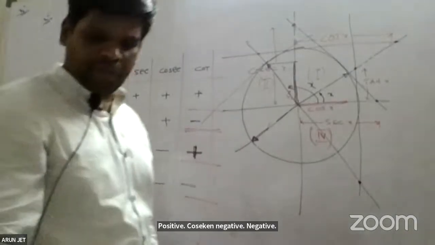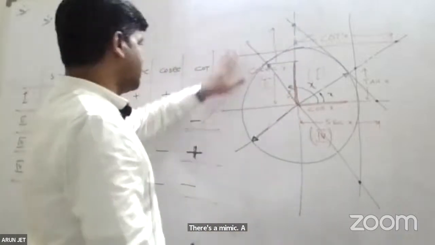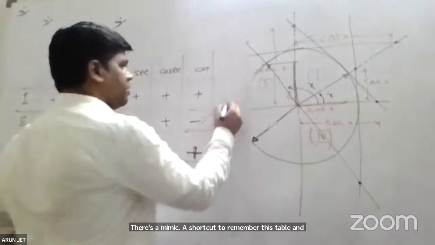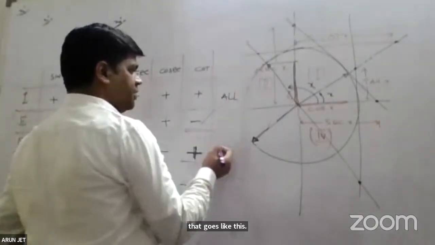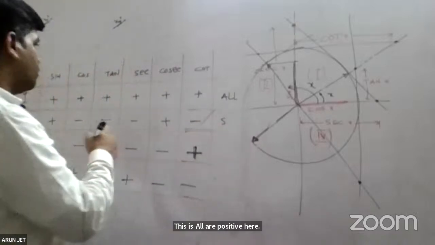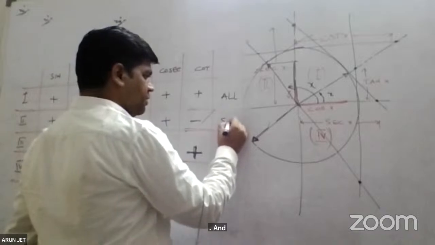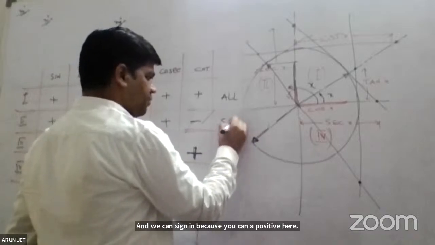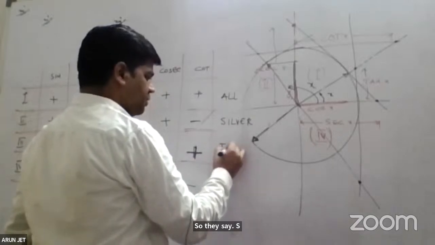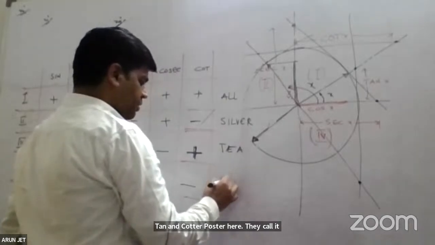There's a mnemonic, a shortcut to remember this table, and that goes like this. They say all are positive here, whereas S, which is sine and cosecant, are positive here. So they say S is silver. Tan and cot are positive here. They call it T for tea.